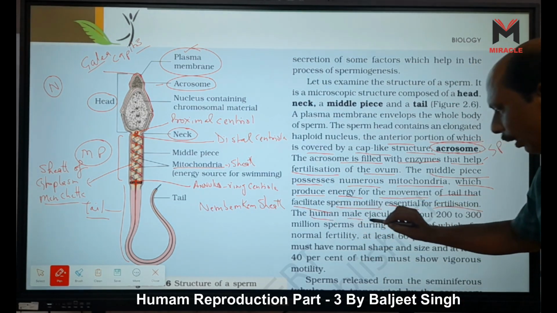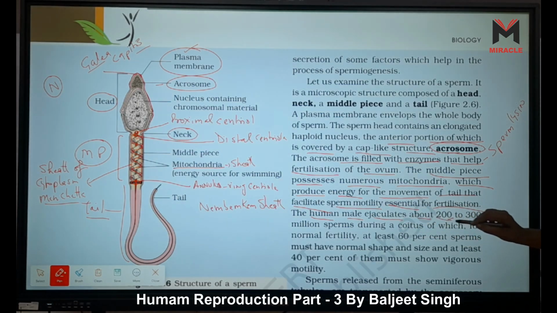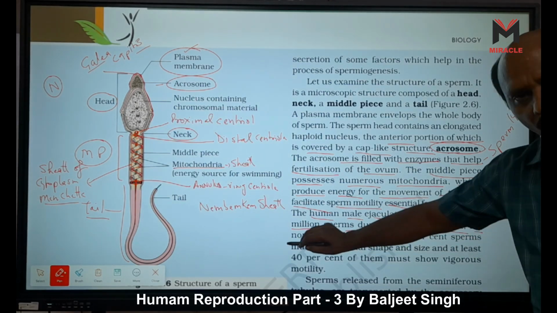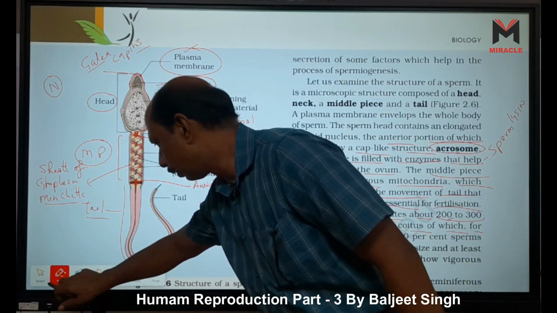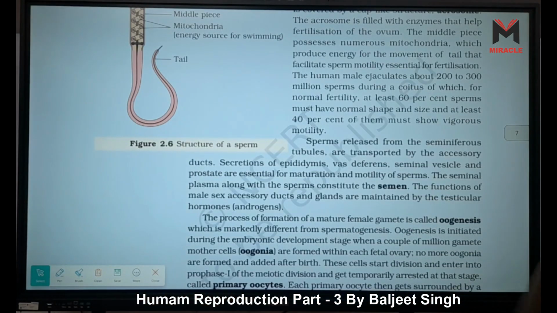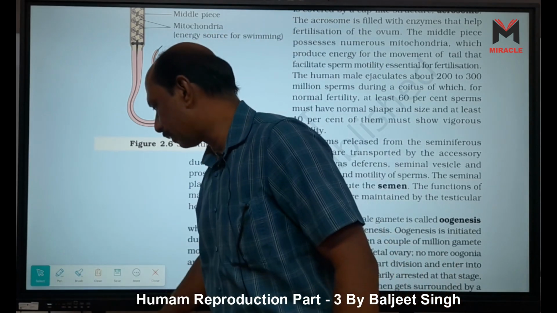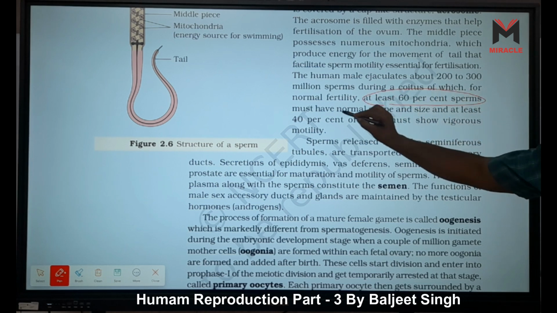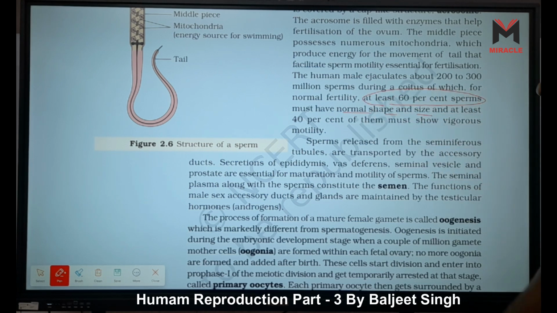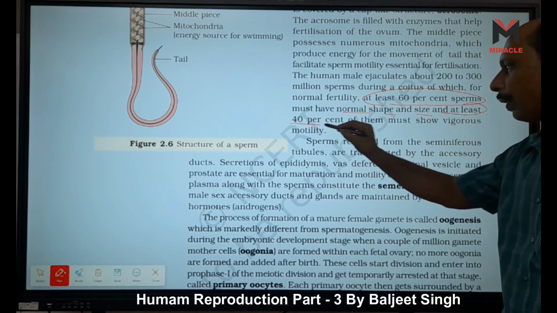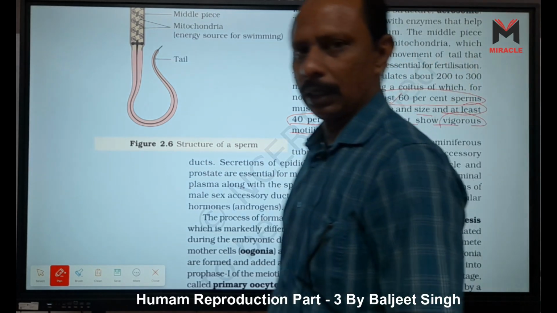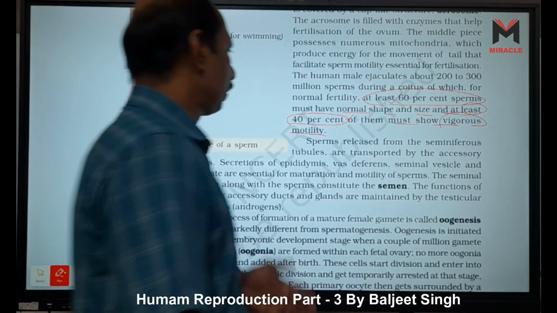The human male ejaculates about 200 to 300 million sperms during a coitus, of which for normal fertility, at least 60% sperms have normal shape and size, and at least 40% of them must show vigorous motility, right? Do you understand this one?